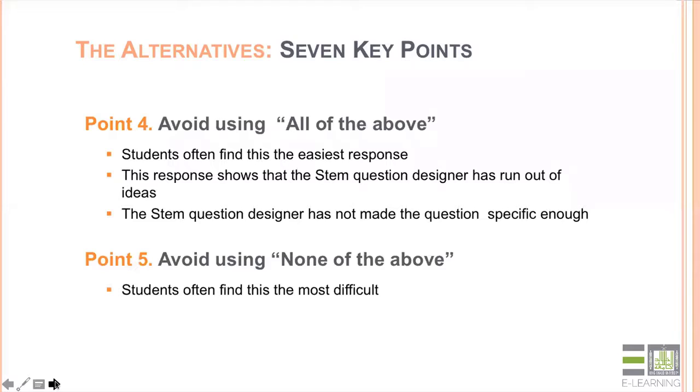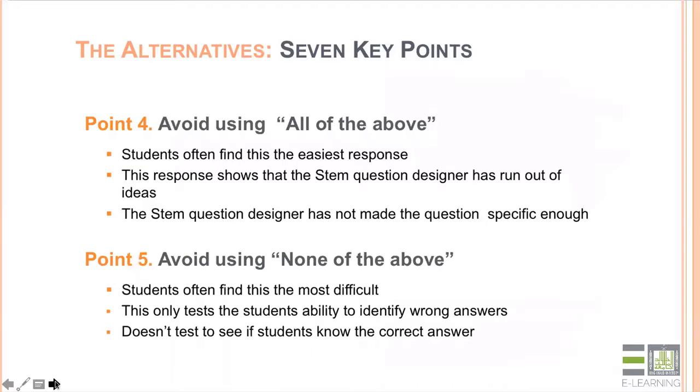The reasons to avoid using none of the above: students tend to find this option quite difficult, research has shown. So having none of the above in the list of alternatives, they find questions incorporating that quite difficult to answer. Also, one disadvantage is that you can't really tell if the student knew the correct answer or if they guessed the answer by selecting none of the above.